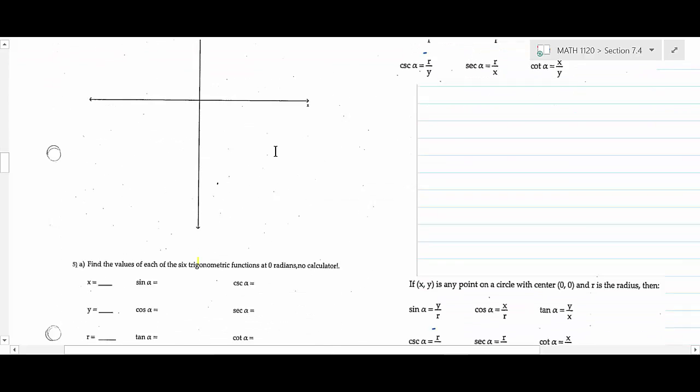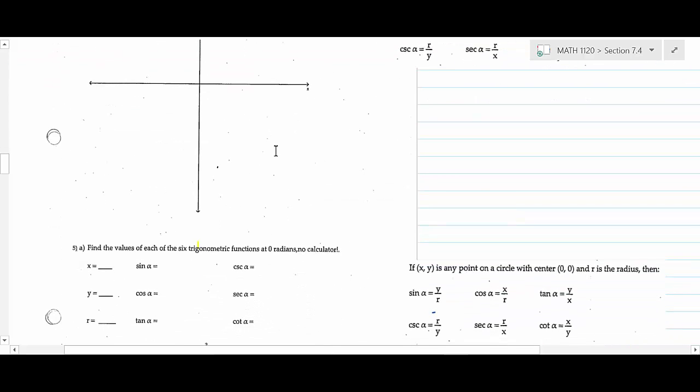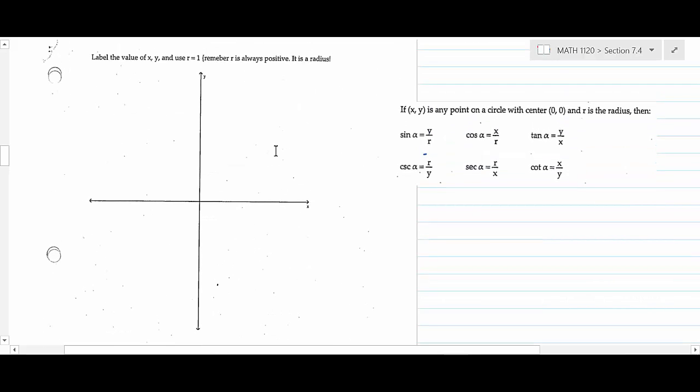Let's go ahead. I think we'll probably have time to do maybe 2 of these, or maybe just one of them, the radians. When you go to this next page, here's what you want to do to figure this out. We're going to look at 0 degrees, 90 degrees, 180 degrees, and 270. We're just going to use those positive angles. What you're going to do is let r be any number you want except 0.